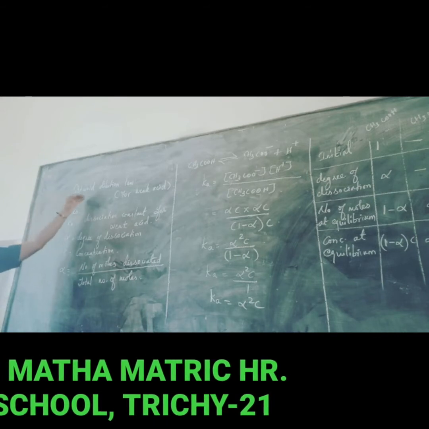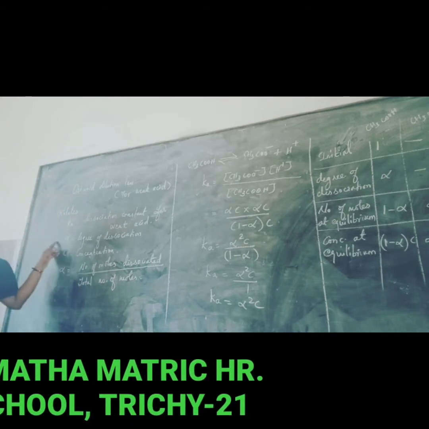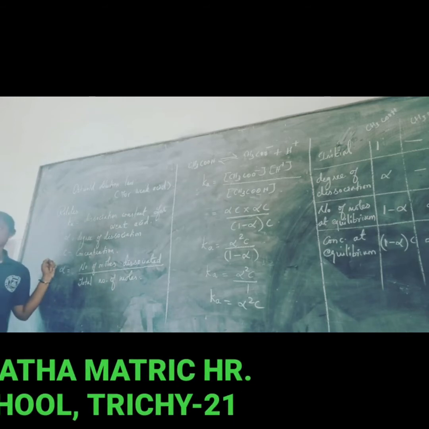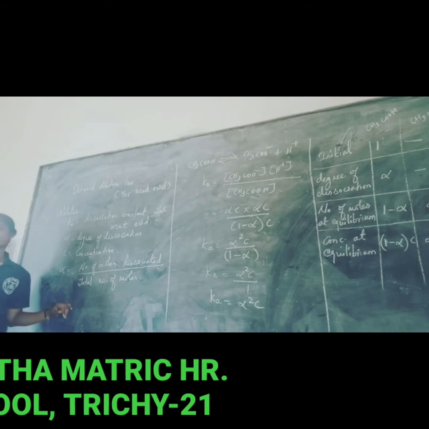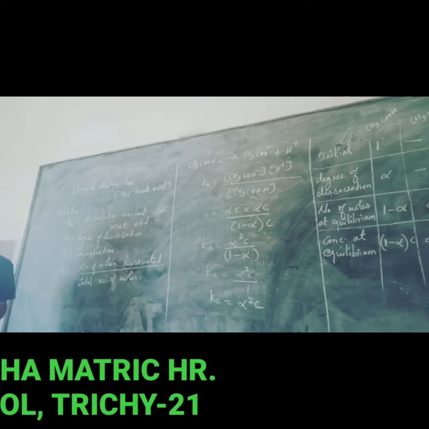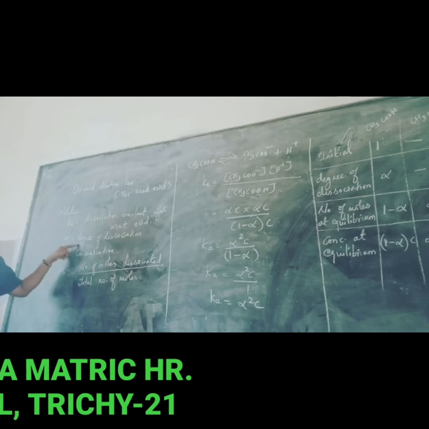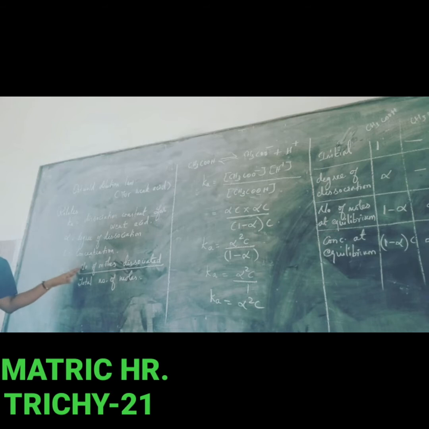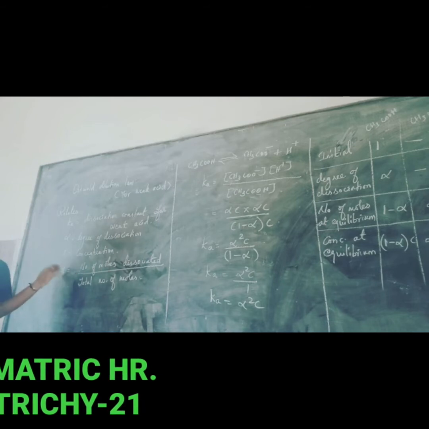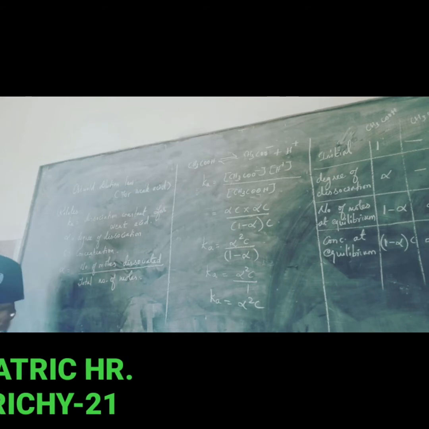Ostwald dilution law relates the Ka value, alpha value and C value. Ka is the dissociation constant for a weak acid, alpha is the degree of dissociation, and C is the concentration. The formula for alpha is the number of moles dissociated divided by the total number of moles.